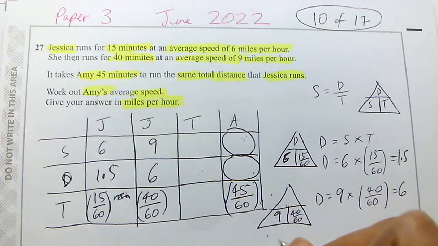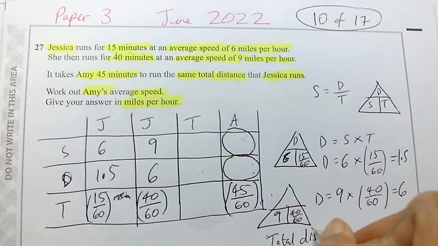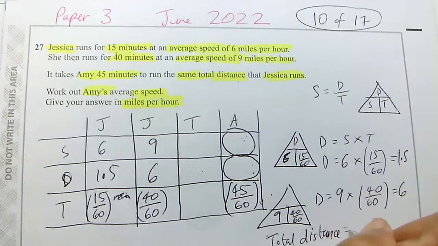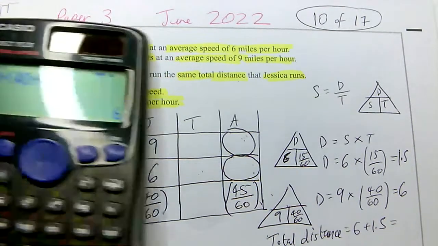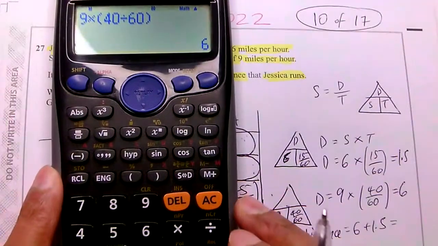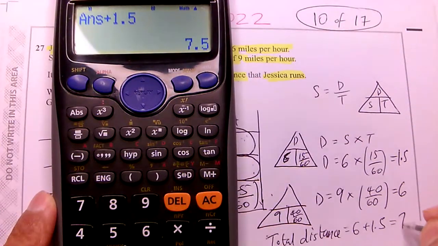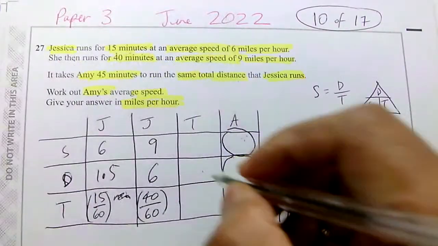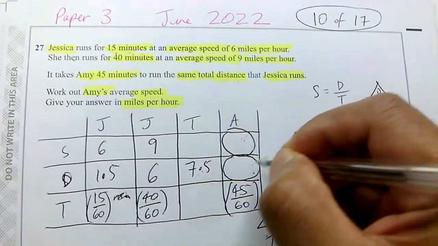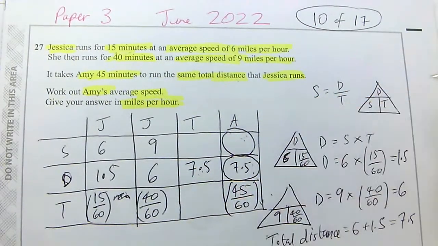So total distance equals 6 plus 1.5, which is 7.5. So now I've got 7.5 here. I can put 7.5 there.